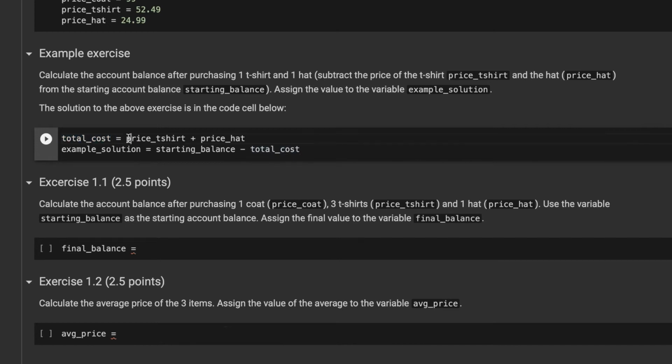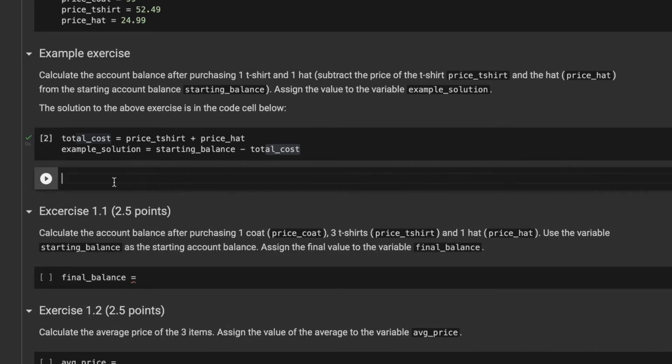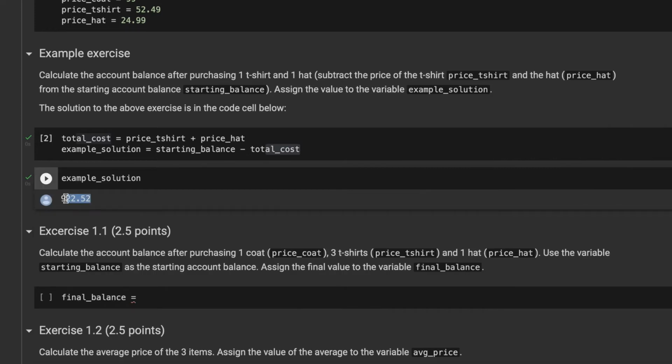So you add the price of t-shirt to the price of hat, and then you subtract total cost from starting balance. If I run this code, everything is okay because I have created a variable called example solution, and it stores the result.